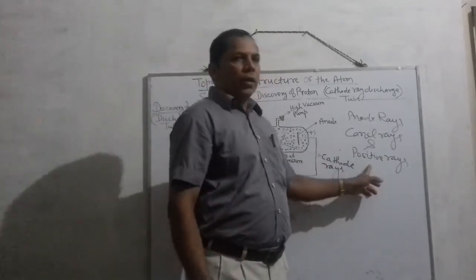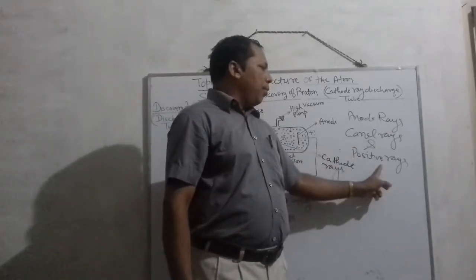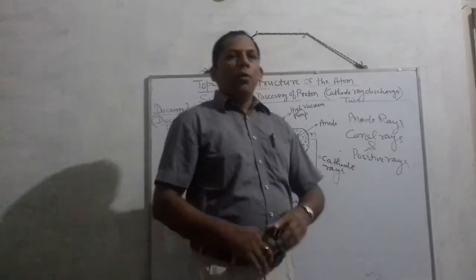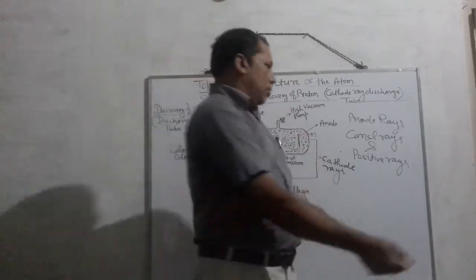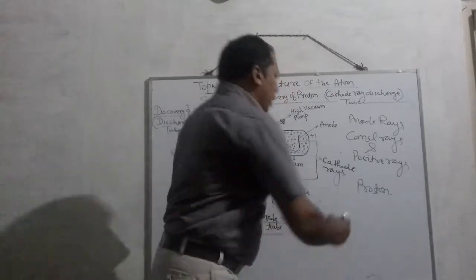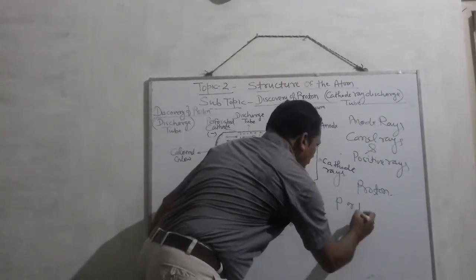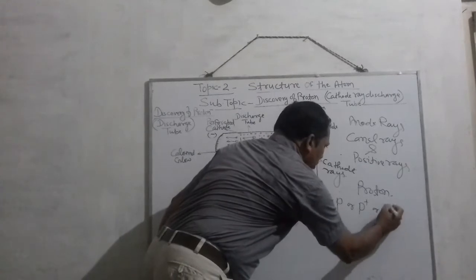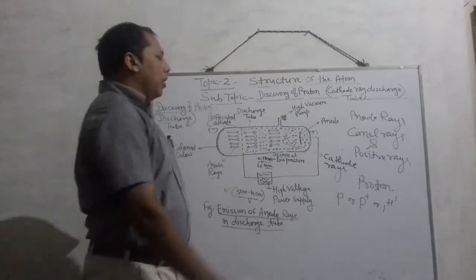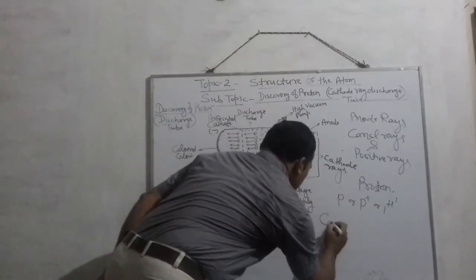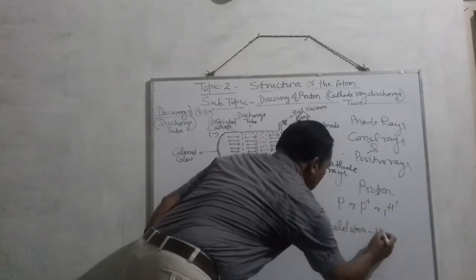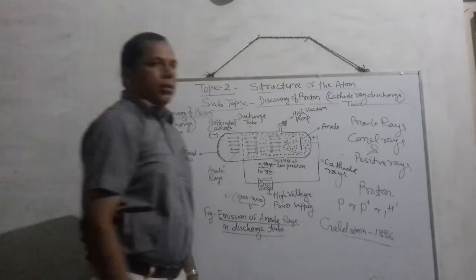Those positively charged particles which compose the positive rays, canal rays or anode rays were called protons, represented simply by P or by P plus or by 1H1, and this was discovered by Goldstein in 1886, right?